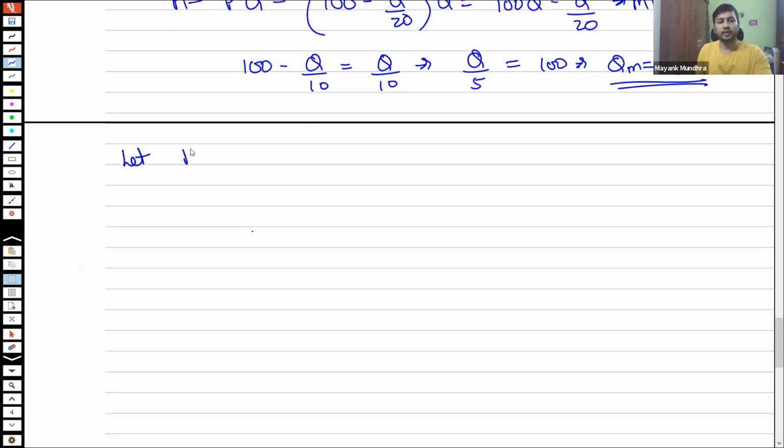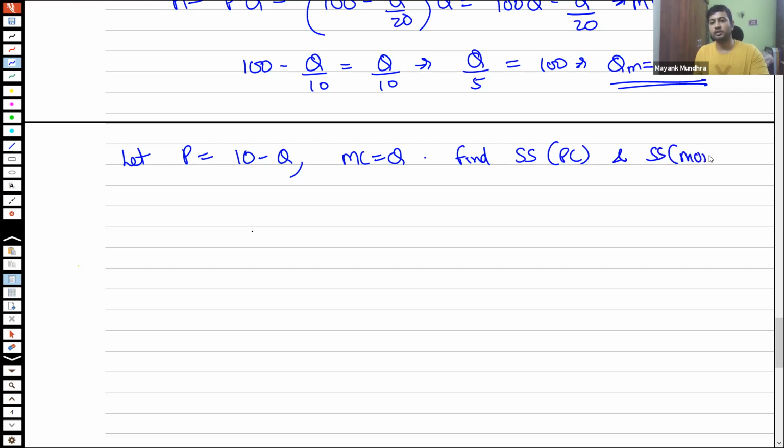Let price be equal to 10 minus Q, and marginal cost equal to Q. So find the social surplus for perfect competition and the social surplus for a monopoly. If I find the two social surpluses, the difference would be the deadweight loss of the monopolist, right?